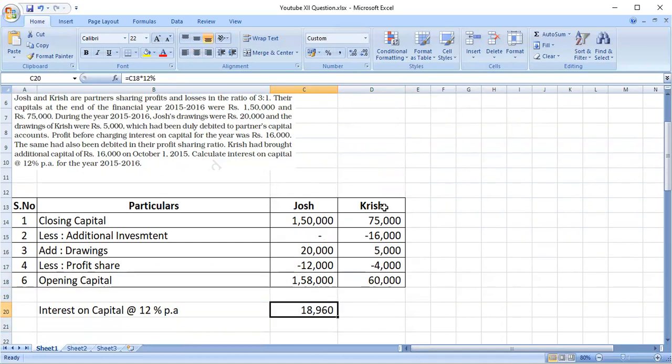In the case of Josh, all we have to do is apply the rate of interest on capital, and you will arrive at the answer.